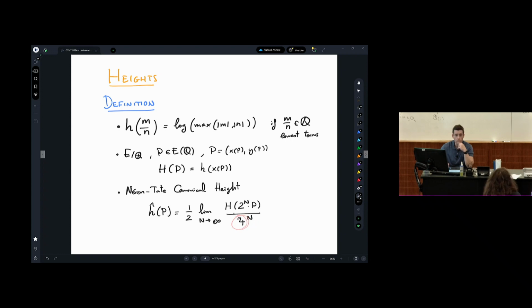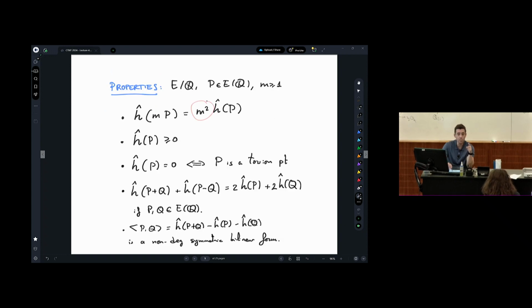The choice of the 2 and the 4 are linked, but they could be other pairs of numbers. The 4, if your question is about the 4, is because of this. If I do 2P, then I know that that height is going to be m squared times that height.